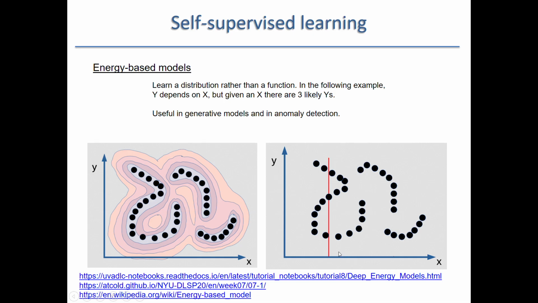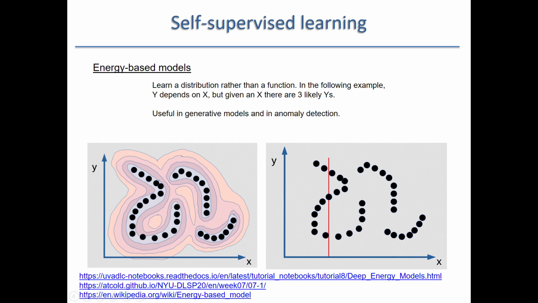But for instance, in this dataset, given an x, there are three different y's that can be equally likely. So rather than estimating y as a function of x, we can try to learn the joint distribution of x and y. And this is useful in generative models and in anomaly detection.